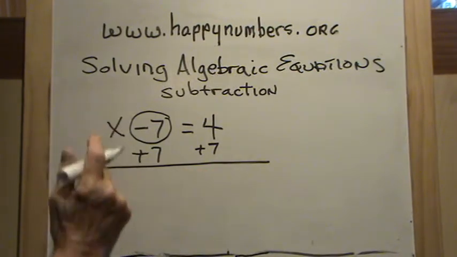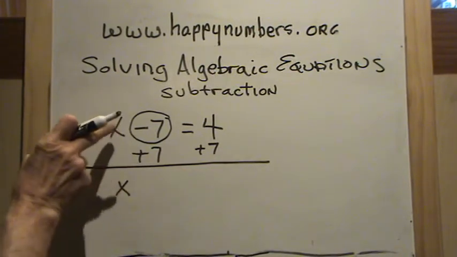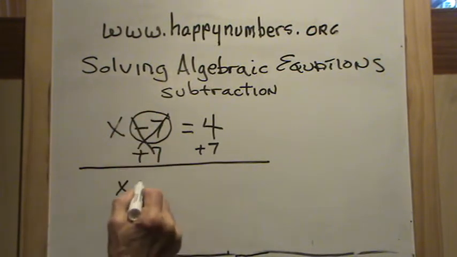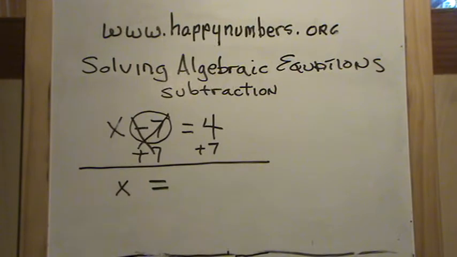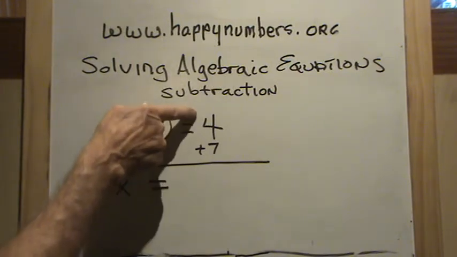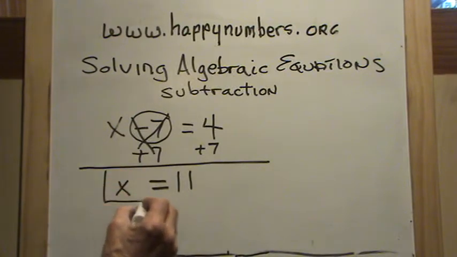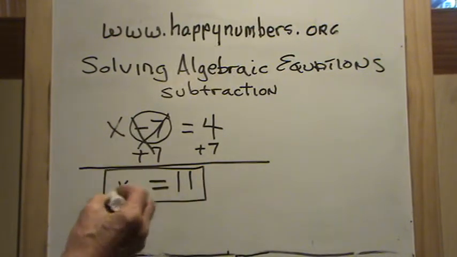So now I have x, and when I combine a negative 7 and a positive 7, I get 0. So x equals, and now when I combine a positive 4 and a positive 7, I get 11. So I've solved for x, and x is 11.